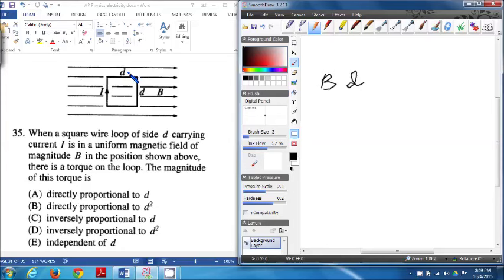So the distance between them is D, so into D, the torque will be proportional to D square. So the answer is B, directly proportional to D square.